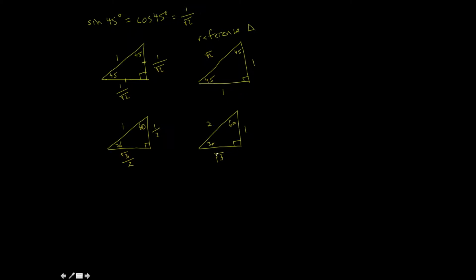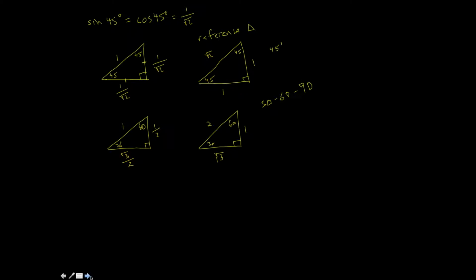So our 30-degree side, or the long side, will always be square root of 3. Our 60-degree side, or the short side, will always be 1, and our hypotenuse will be 2. Now these are the reference triangles for 45 degrees and 30, 60, and 90 degrees. So these are the ones we are going to use as we get ready to do reference triangles.